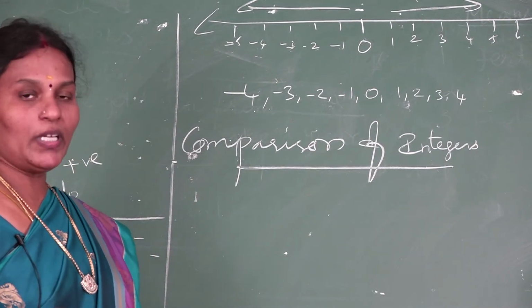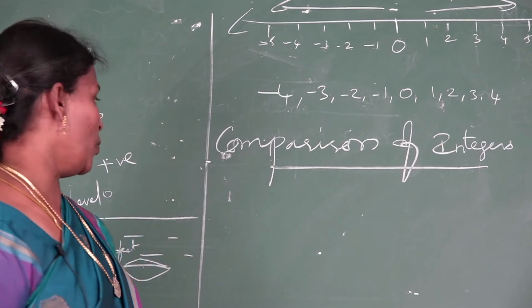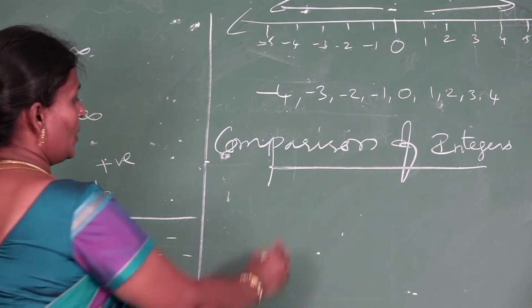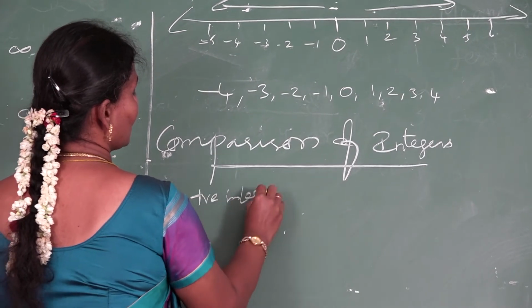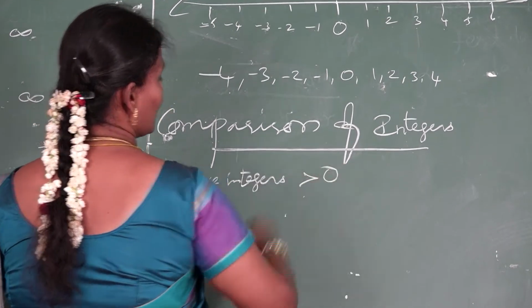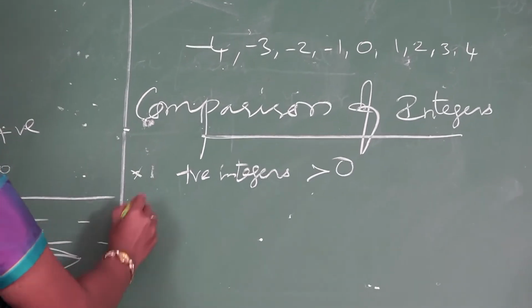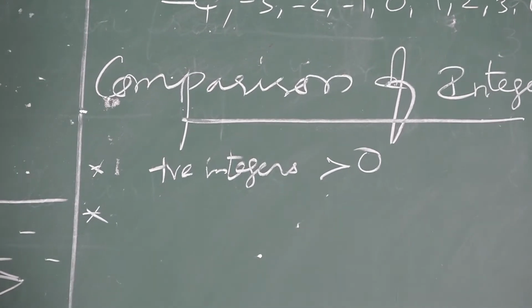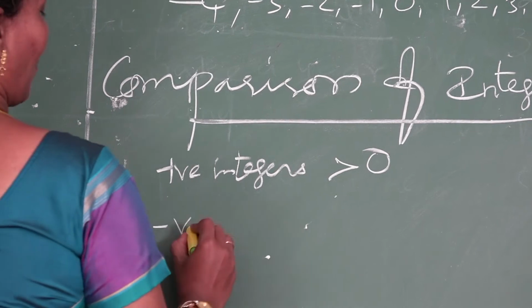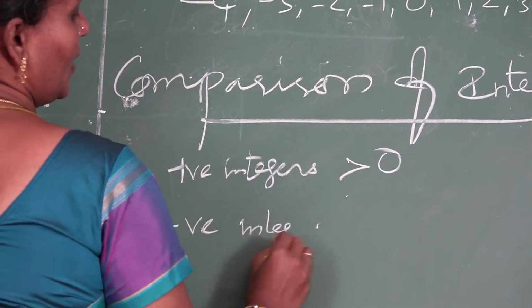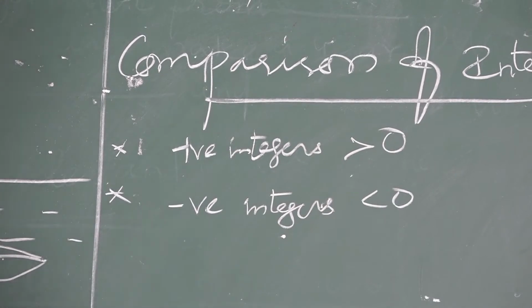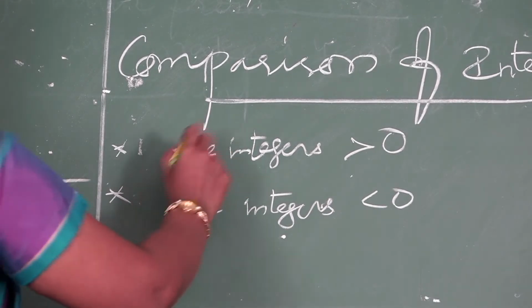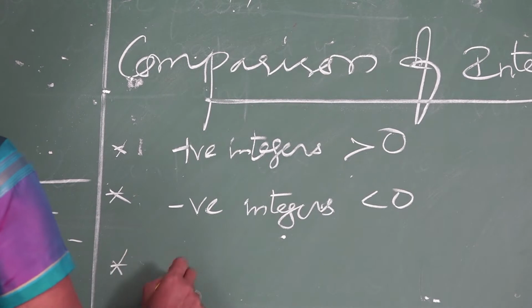Always the positive integers are greater than 0. That is the first one. The second one, the negative integers are less than 0.